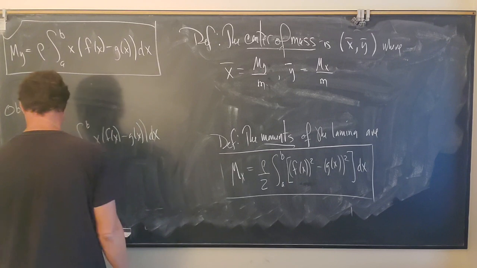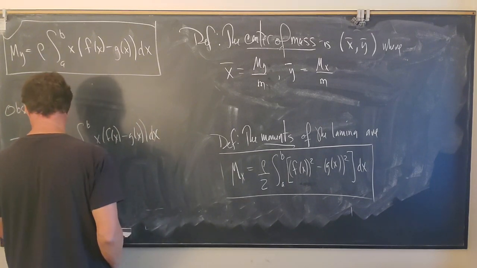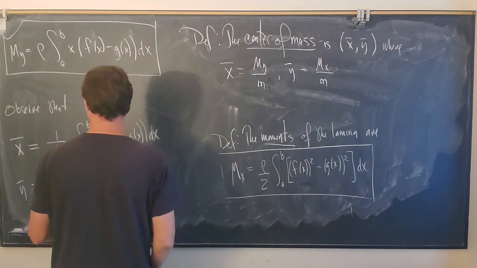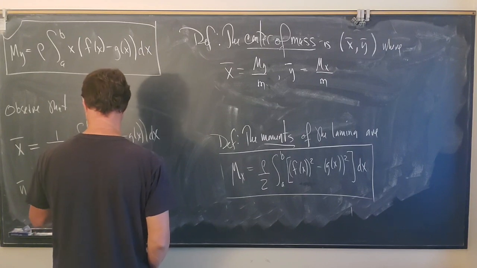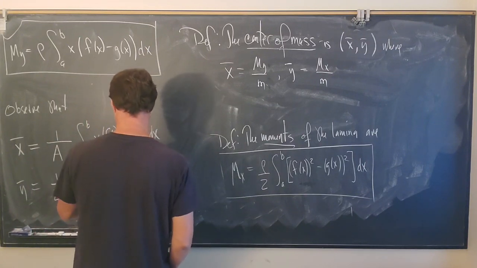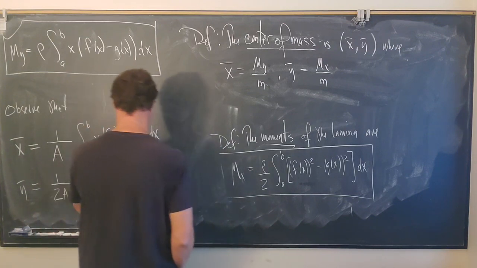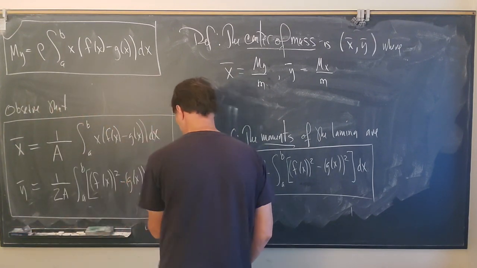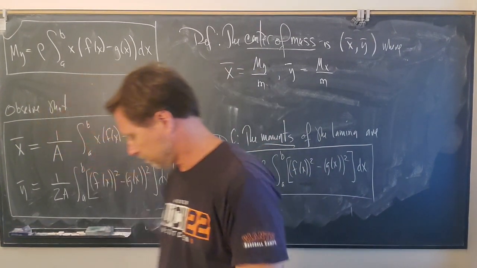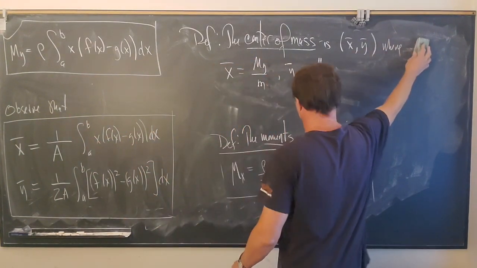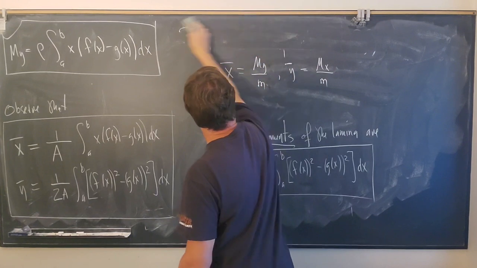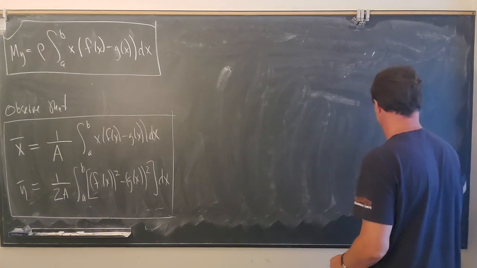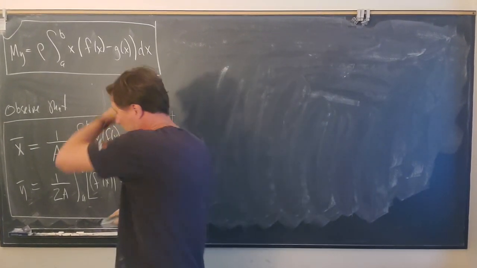It'll be a 1/2, or let's say 1 over 2A, integral from a to b, and then we'll have f of x squared minus g of x squared dx. So there's the formulas that we have.